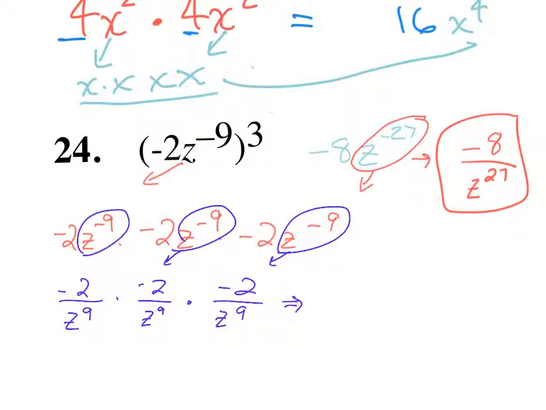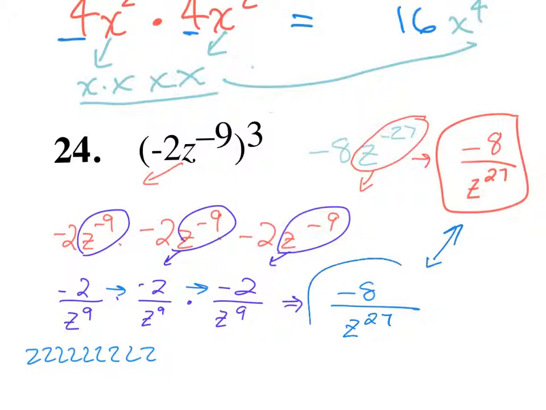Then, when you go ahead and multiply across, negative 2 times negative 2 times negative 2 is negative 8. And z to the 9, 3 times means you have 9 z's, and that is the same everywhere else. So I'm not going to draw out 9 z's here and here. If you have 9 here, 9 here, 9 here, that's a total of 27. So either way, you get the same answer. Whichever way works for you, you're welcome to do.